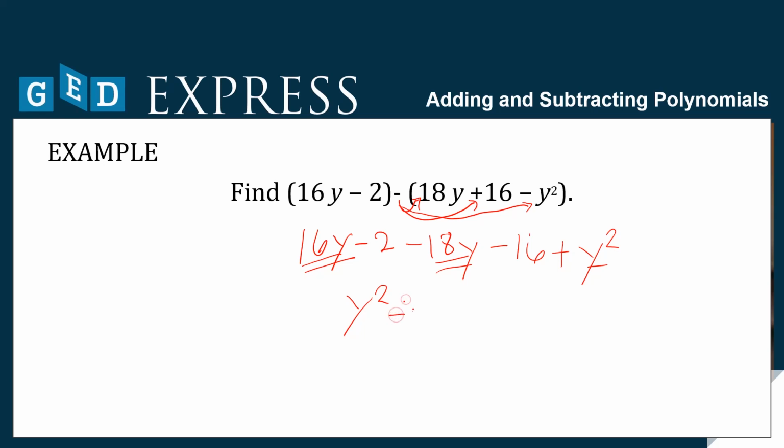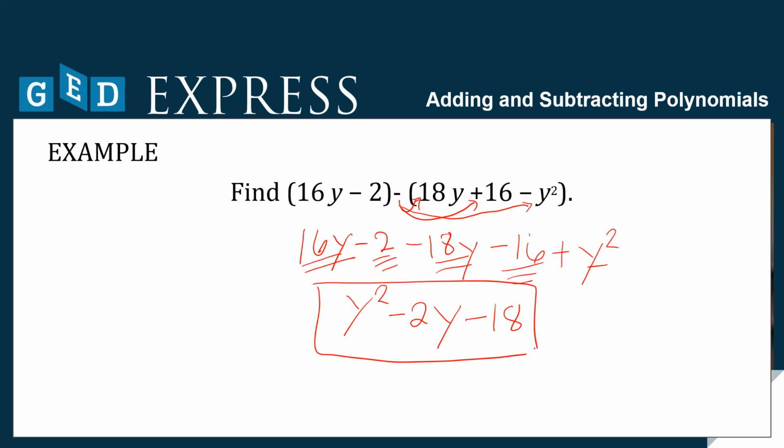So we have minus 2y, then minus 2 and minus 16 can be combined, minus 18. So we have now the difference of the two polynomials given: y to the power of 2 minus 2y minus 18.